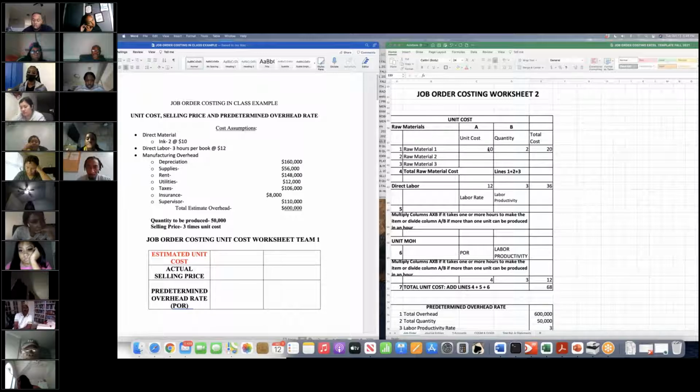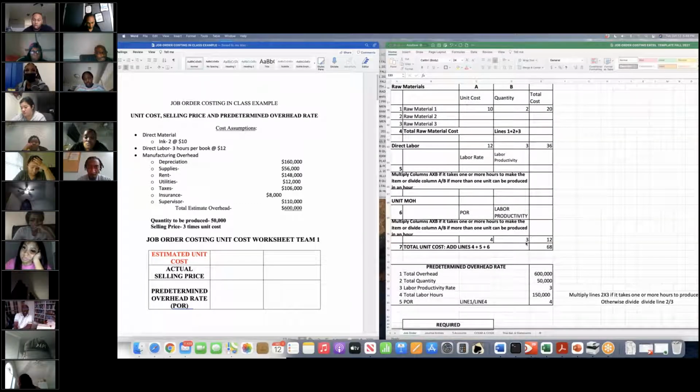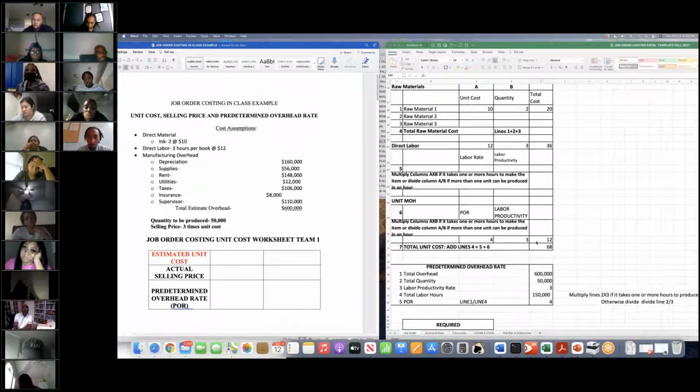So once again, we have raw materials, 10 times 220. Hopefully everybody can get that. Then we have direct labor, 3 times 12, 36. Then the unit manufacturing overhead cost that we're going to assign, we're going to multiply by that same labor productivity times the POR. How did we get 4?